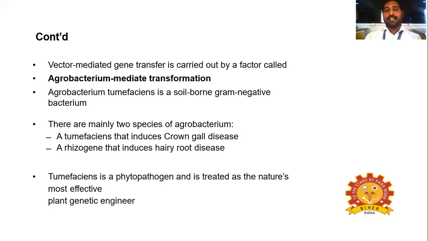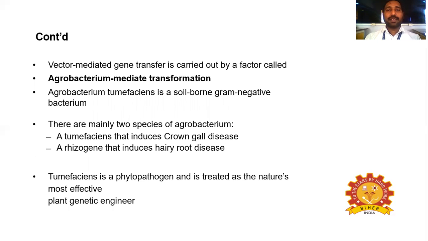This is a soil-borne gram-negative bacterium. There are mainly two species of Agrobacterium, that is Agrobacterium tumefaciens and another one, Agrobacterium rhizogenes. These two organisms induce some sort of diseases.